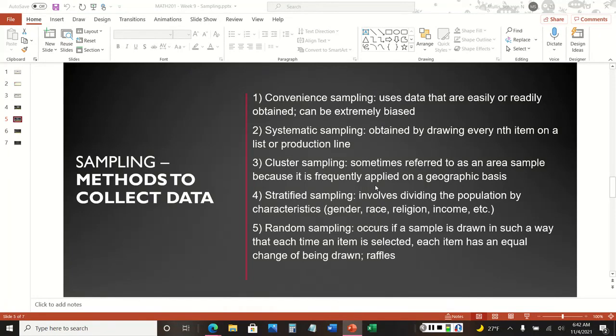The third method to do sampling is called cluster sampling. It's sometimes referred to as an area sample because it's frequently applied based off of where you live or where you are. It's geographic. An example of this would be Erin Brockovich.